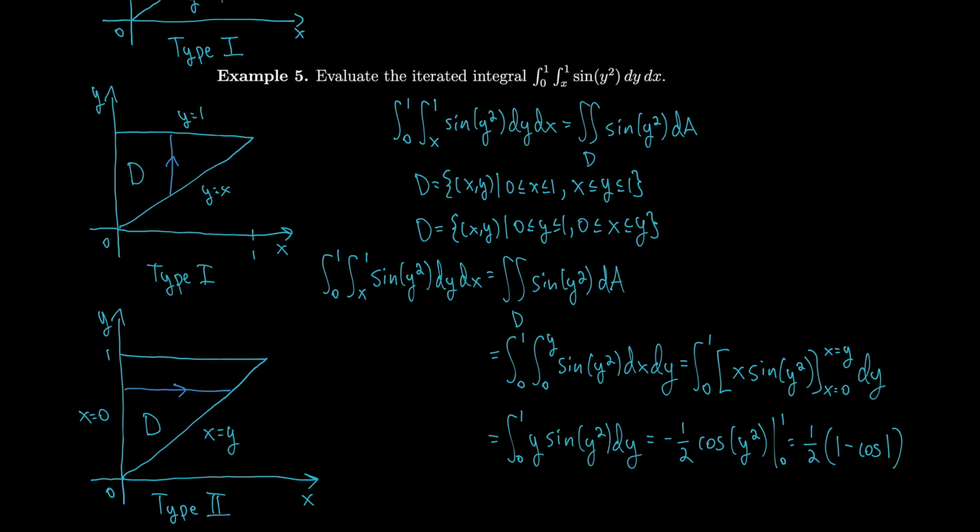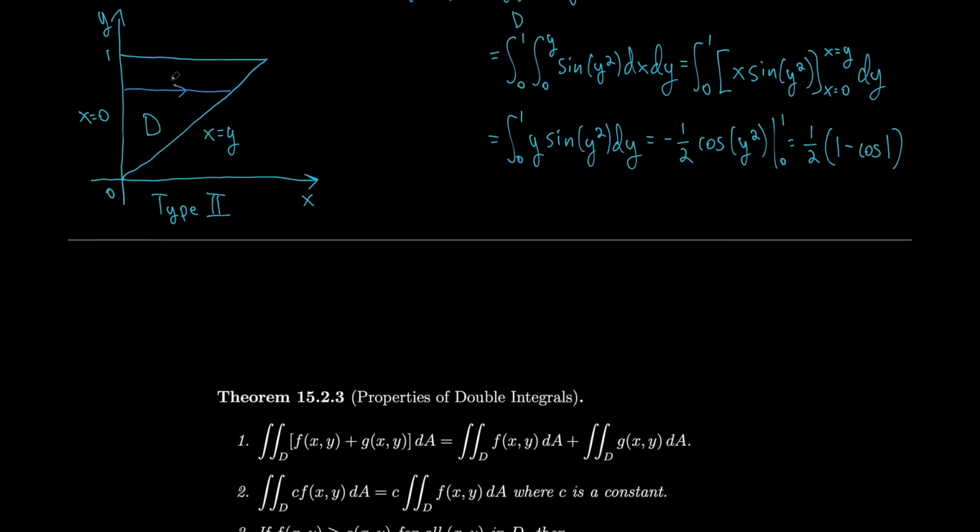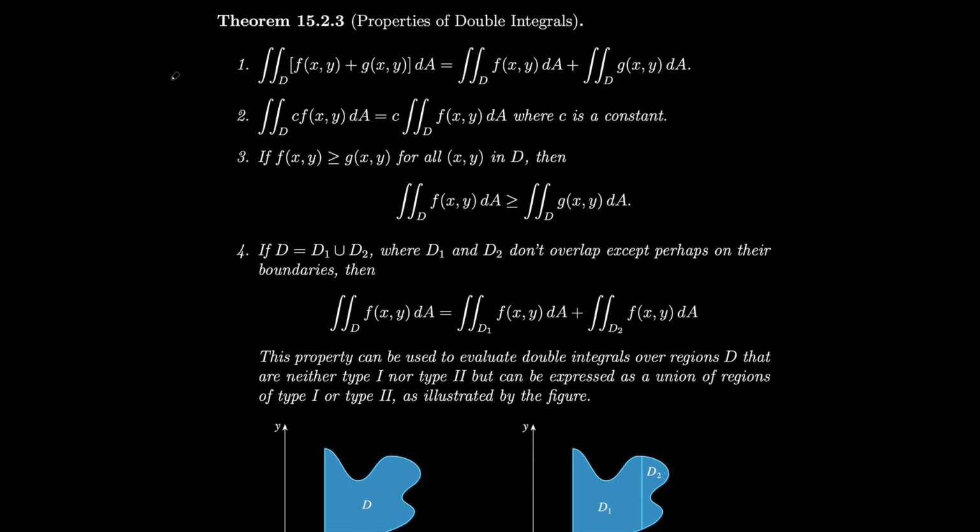Notice that we couldn't just swap these guys because replacing this with a y would make it go from y to 1, which wasn't what ended up happening. We went from 0 to y. So you have to be very careful changing your limits. You have to redraw it in order to see where it's going to go, unless you have very good visual perception in your head. Then I guess you don't have to draw it, but I'm not that good.